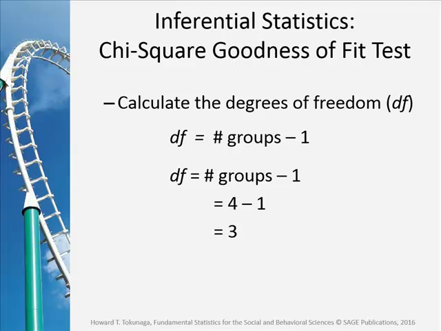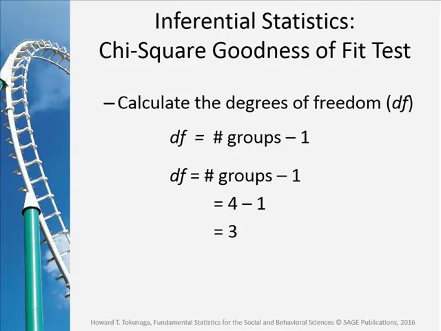So how do we do degrees of freedom? For this, we're focusing on the number of groups because that's what we're actually comparing. We're not comparing the 588 people. We're comparing the 4 groups. So if I put n up there and said the number of people, it would be dependent upon actually the number of groups.